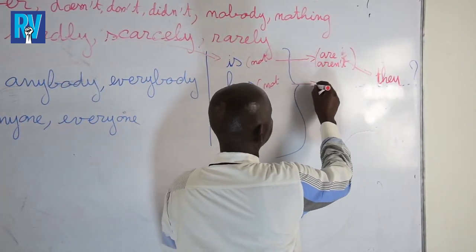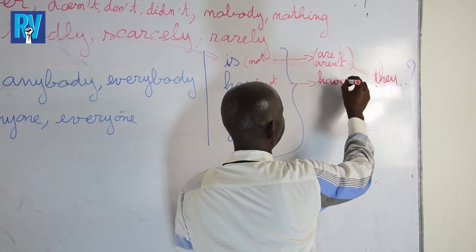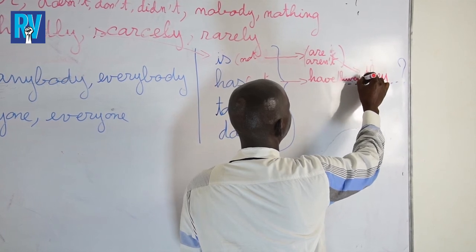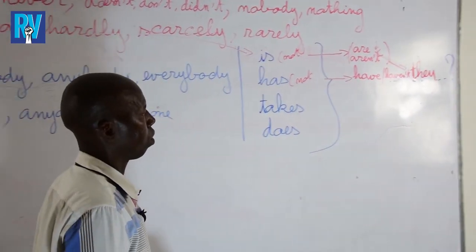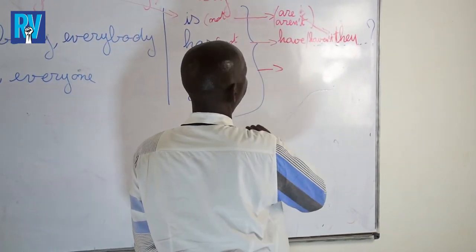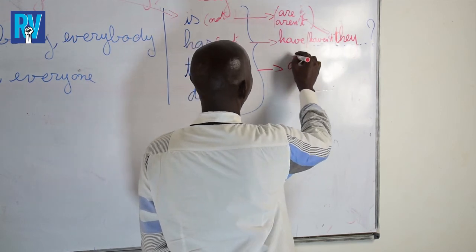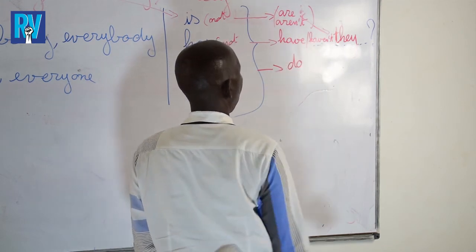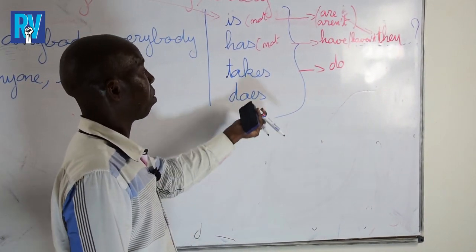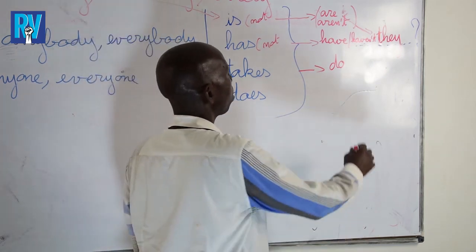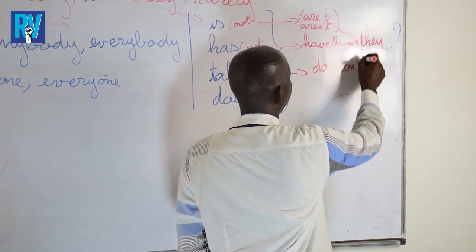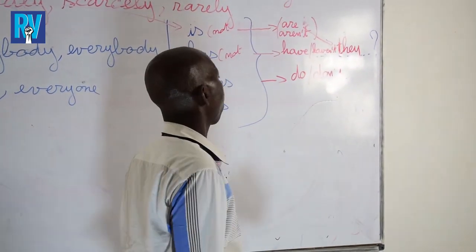We are going to have they or haven't they. Là, troisième personne, on dit pas do. On ne va pas mettre la troisième personne does. On dit do they or don't they.